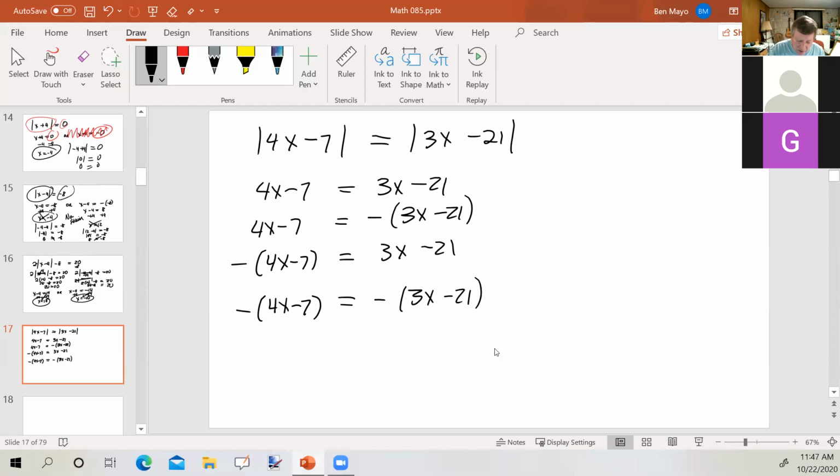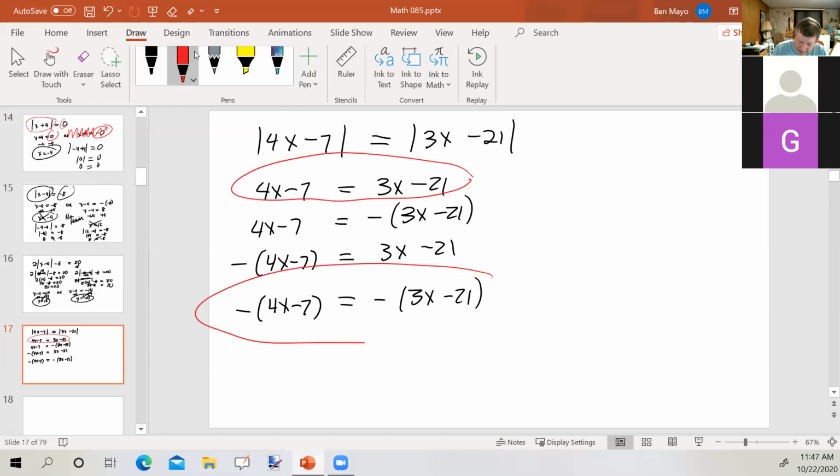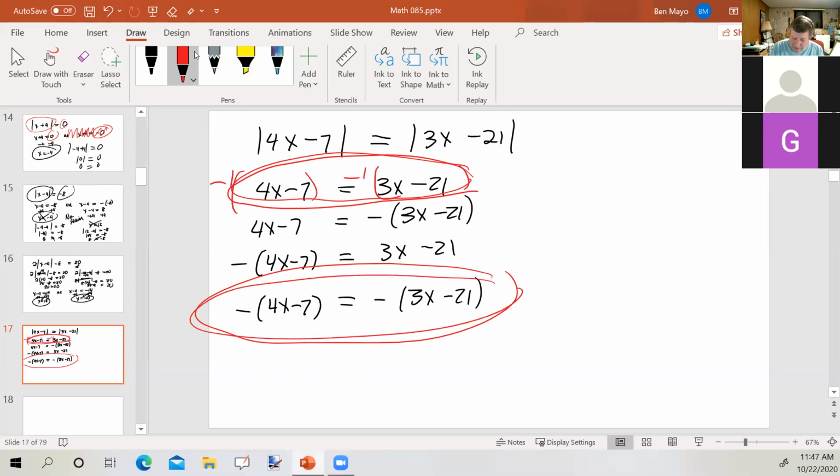But let's do some inspection. Let's take a look at this equation and that equation. If I took this top equation and I multiplied both sides by -1, wouldn't I get the bottom equation? Yes. So therefore, this is redundant. I don't need it. It's going to give me the same answer. Now let's take a look at these two equations.